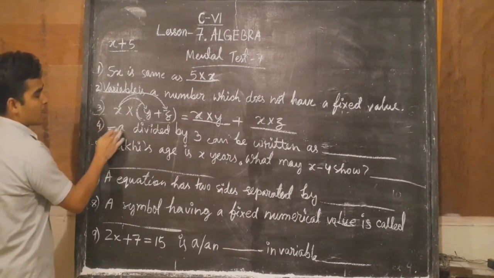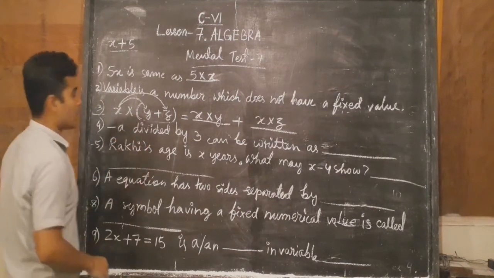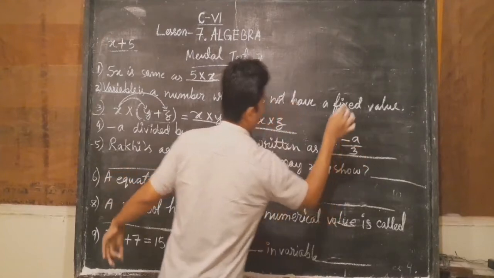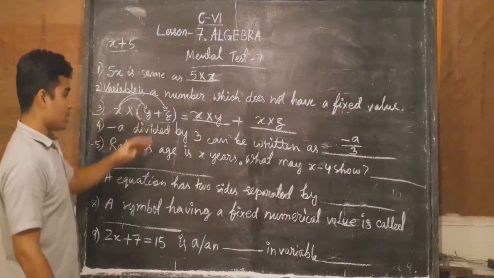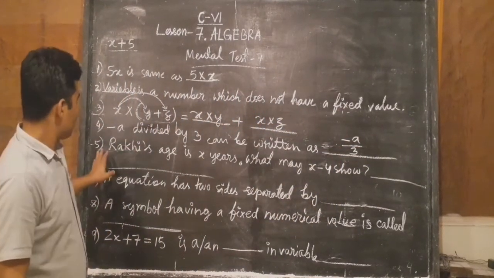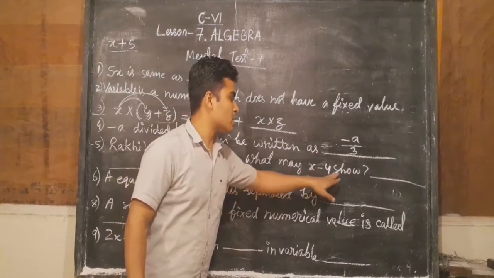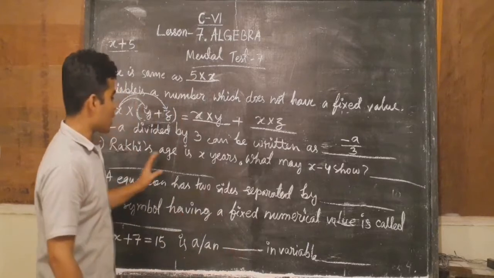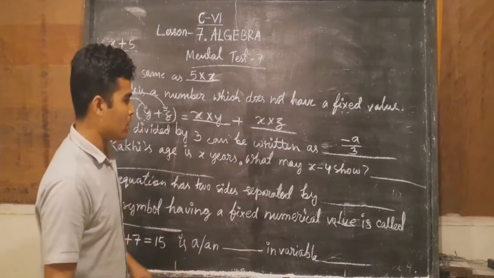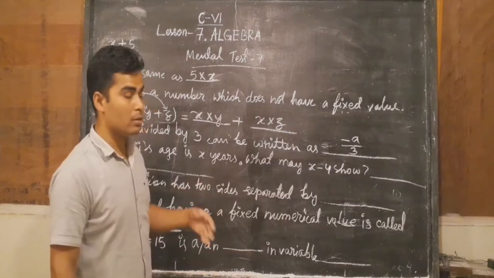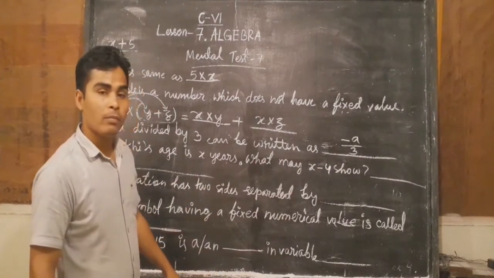Question number 4. Minus a divided by 3 can be written as minus a divided by 3. It can be written in this form. Raki's age is 6 years. What may x minus 4 show? If Raki's age is x years now, then minus 4 means from her present age we subtract 4.